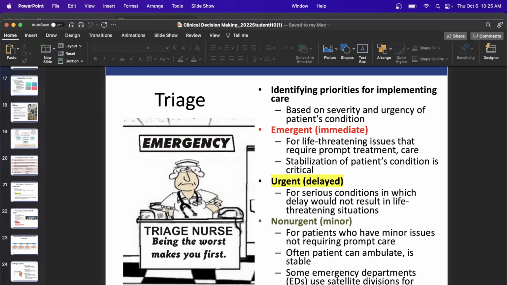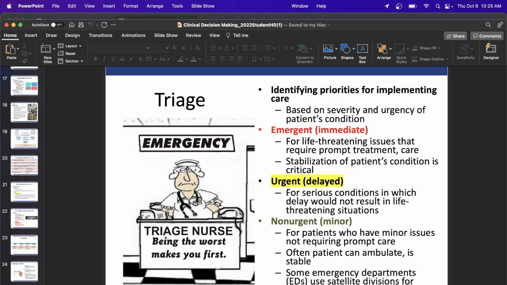We still have to get their cultures, we still have to get the antibiotic up, but they're stable. They could, again, remembering the process is fluid, they can become emergent if they go into septic shock. If that infection that was local spreads into their bloodstream, right? And they go into septicemia and septic shock.